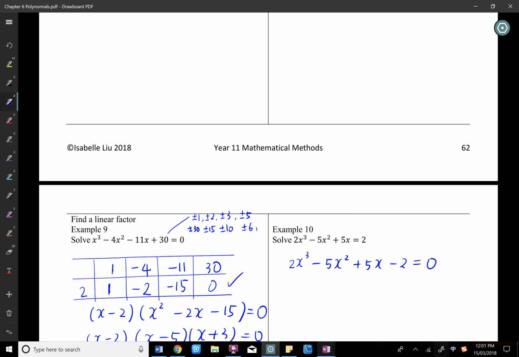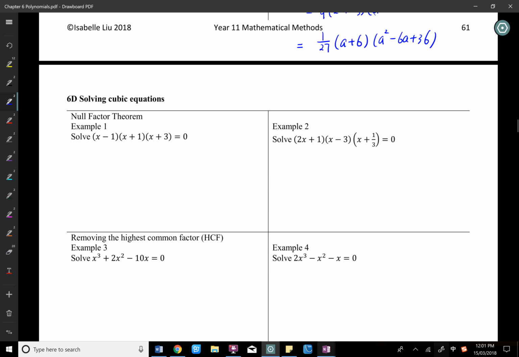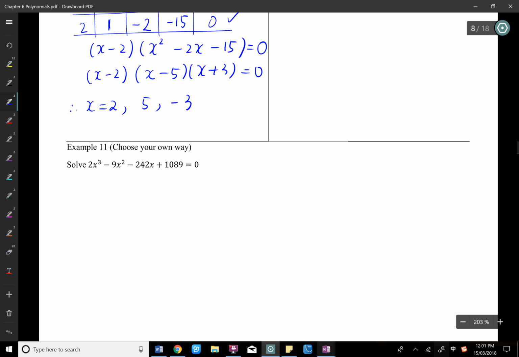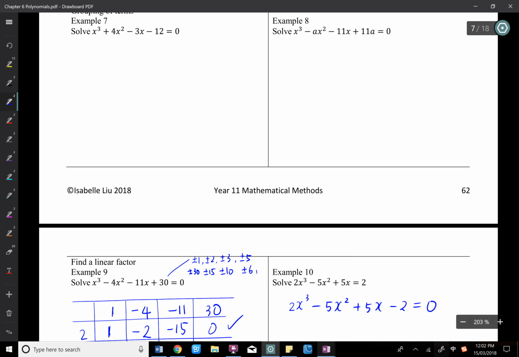Do we have to stay here? Yeah, you need to stay in the room. Okay, so page 62 and page 63. And if you missed the lesson yesterday, you need to go and watch the video from yesterday because there's a lot of teaching there.